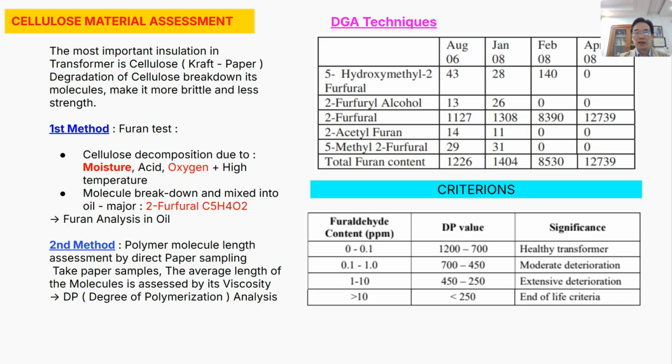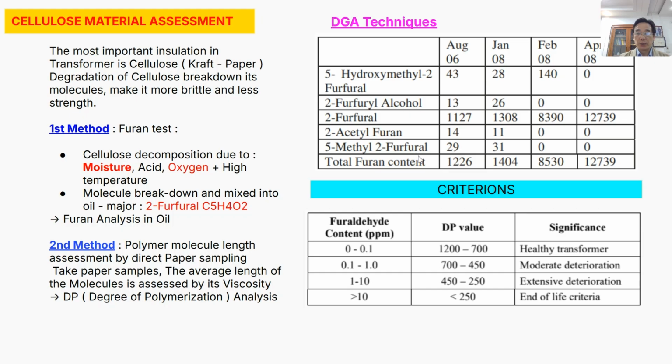With the analyzer, the lab will do the analysis on all the furan molecules dissolved in the oil. Typically, they use some GC analyzer to do the analysis in oil, and finally get the furan in oil.